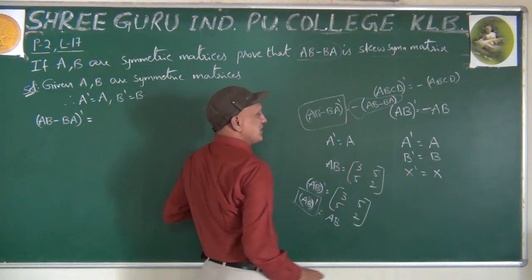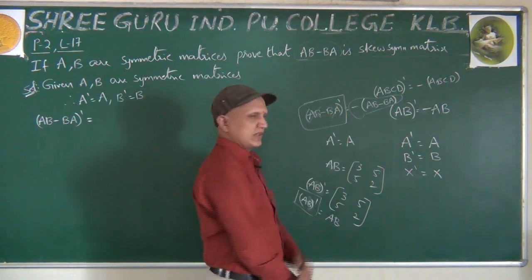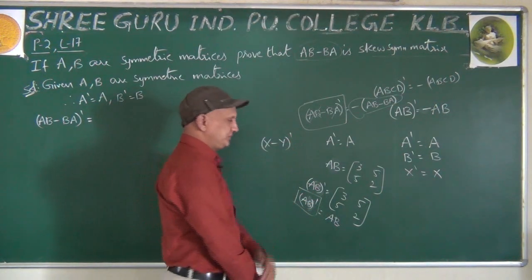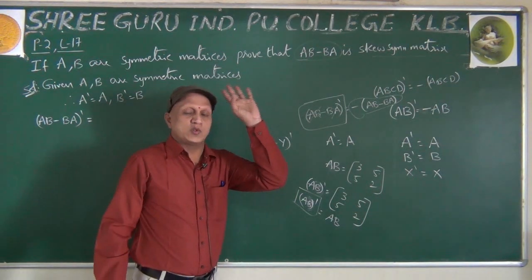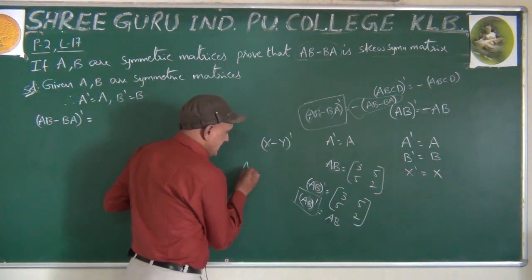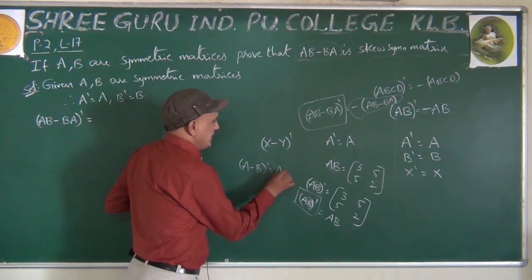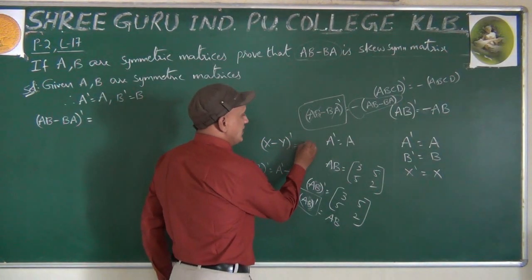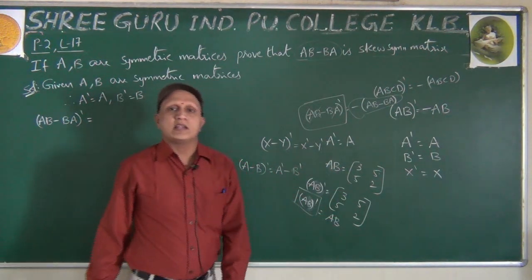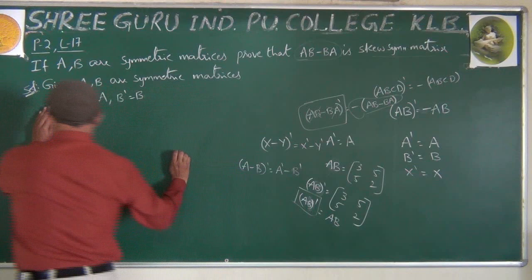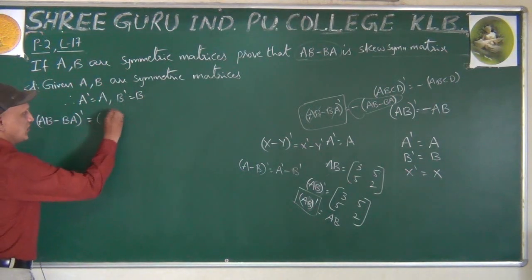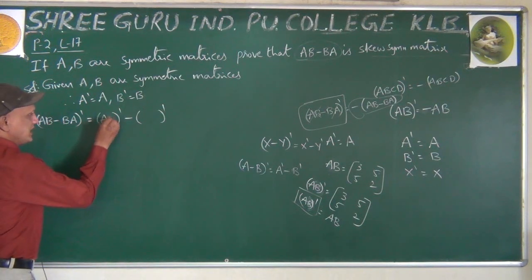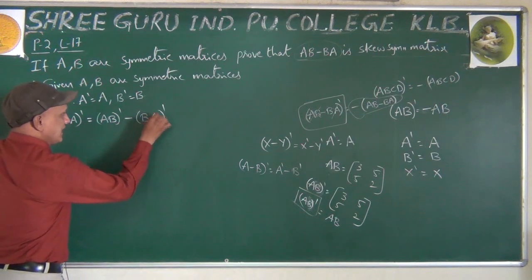B is one matrix, A is one matrix, consider it as Y. So it is X minus Y. Again, transpose matrix properties: A minus B whole dash equal to A dash minus B dash. X minus Y whole dash equal to X dash minus Y dash. What is X? AB. What is Y? BA.